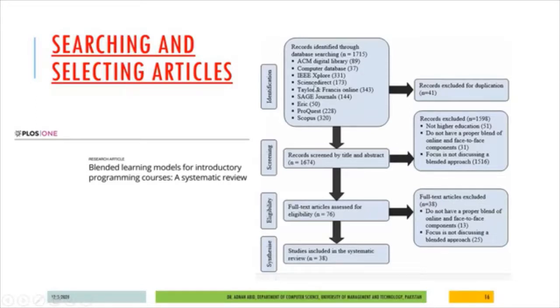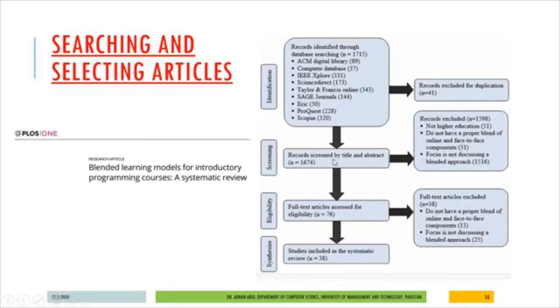They were just shortlisted with the help of keywords. But when we saw their abstract and title, we figured out that they were not focusing on the blended learning approaches. So 1516, a very big number, falls into this category. And again, at this last step, we can see that the 38 articles which were excluded do not have proper blended learning online face-to-face components.